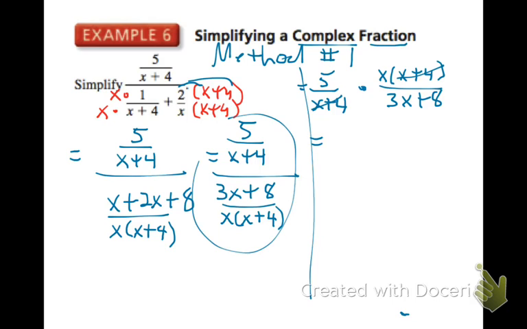Finally, multiply straight across, so we'll get 5x over 3x plus 8. So again, that's method 1, where you do the math so that you have one fraction divided by another fraction, and then you keep, change, flip, and simplify.